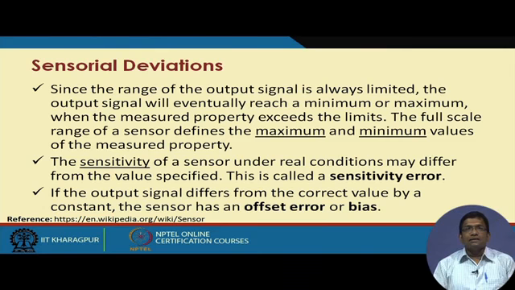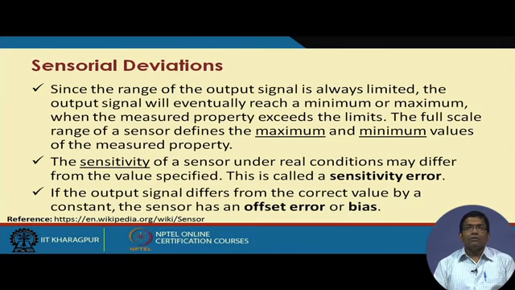Now, sensors often do not give accurate data, so there are some sensorial deviations. Each sensor comes with certain specifications. These specifications give you the maximum and the minimum values that it can measure of the physical property it is supposed to measure. The sensitivity of a sensor under real conditions may differ from the specified value, and that is known as the sensitivity error.